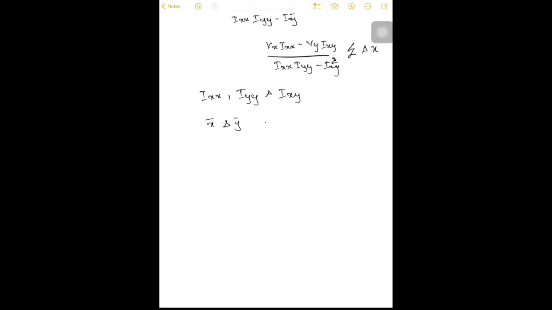So x bar equals summation of area into distance from the reference plane divided by summation of area. The same way, y bar equals summation of A into y divided by summation of A, where A is area.